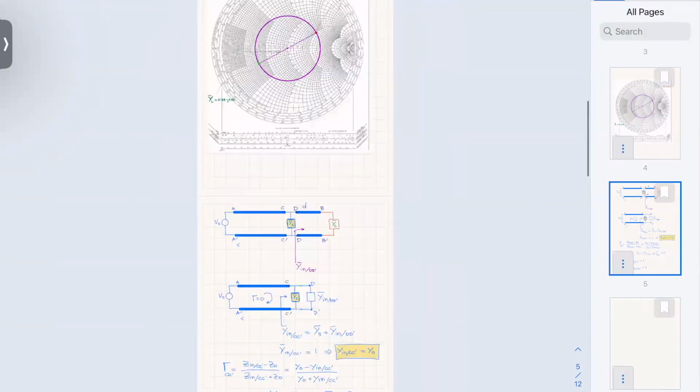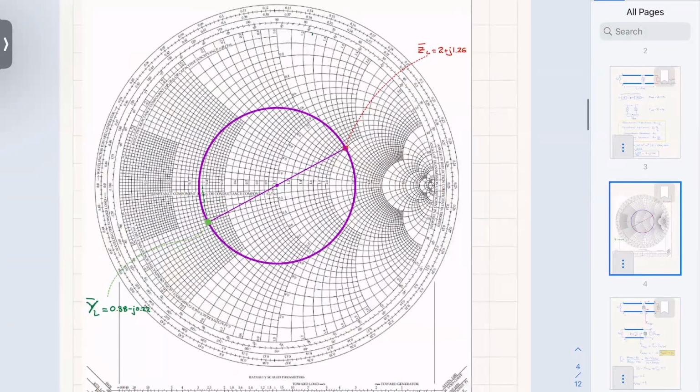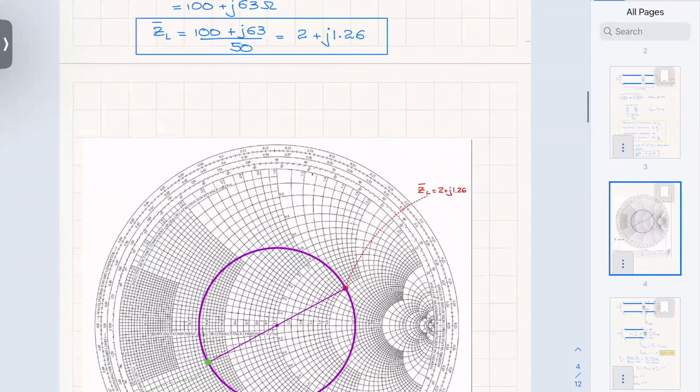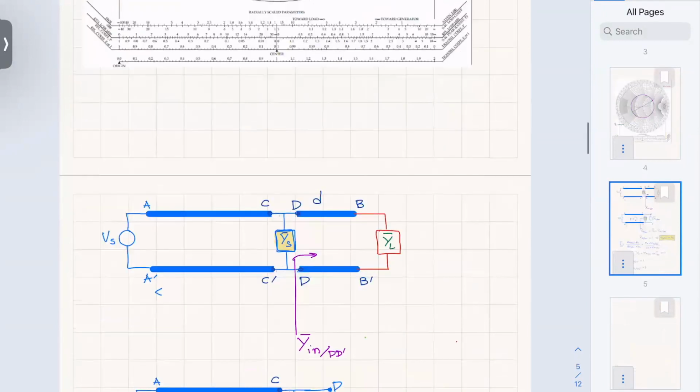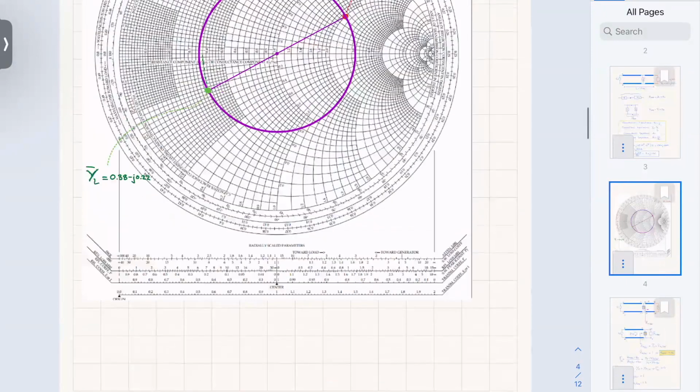When I am on the Smith chart here, this is my YL normalized. I will have to move by a distance d until I stop at the point D prime.